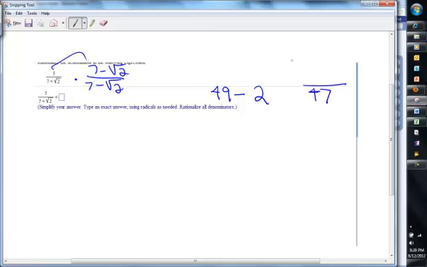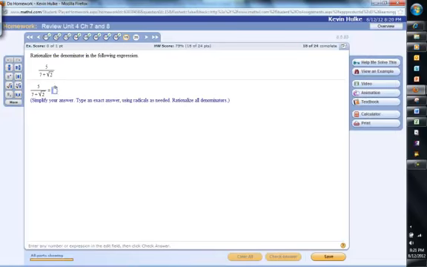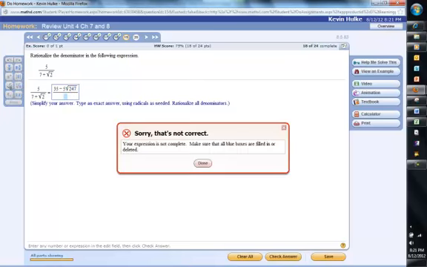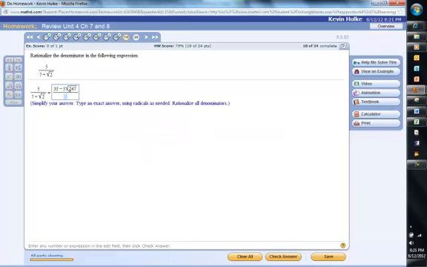Numerator becomes 35 minus 5 root 2. So our answer is the fraction 35 minus 5 root 2 over 47. Oops. What did I do wrong? Oh, I see. I didn't get over 47.